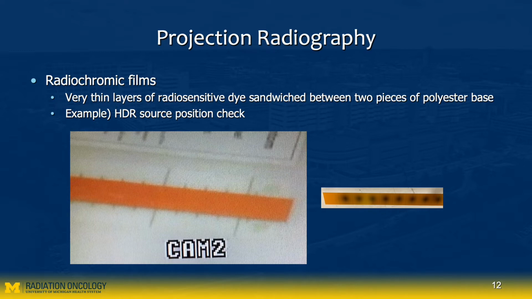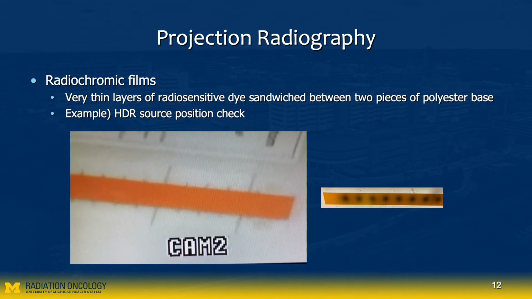We place this film under this jig, and it has this metal strip here. When the radiation source comes out and emits radiation, the radiation bounces off this metal strip and can form dark spots. So let me play this video in real time.